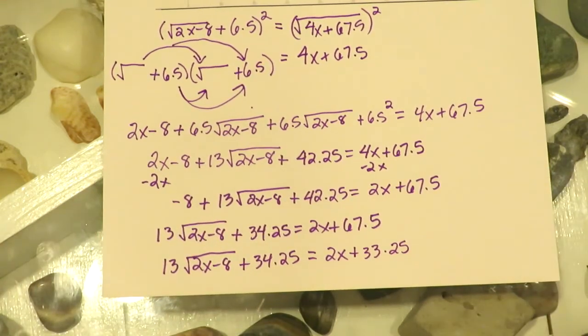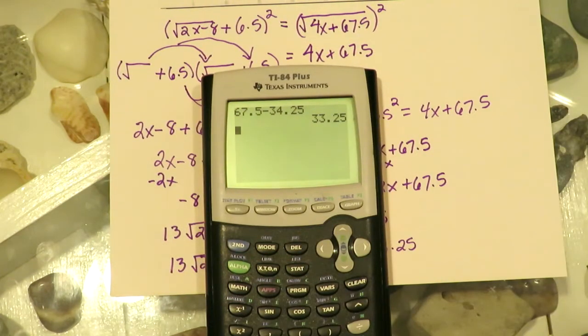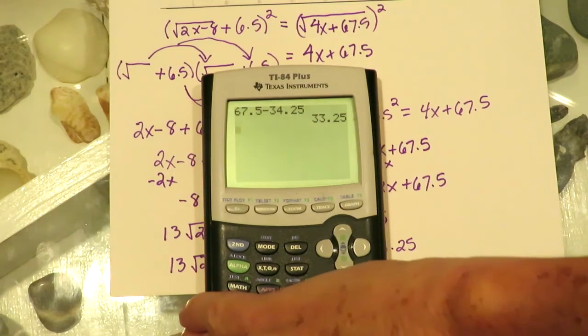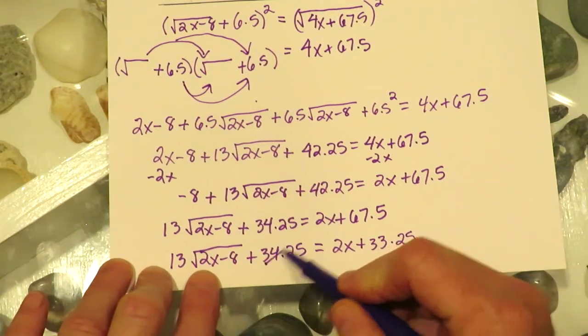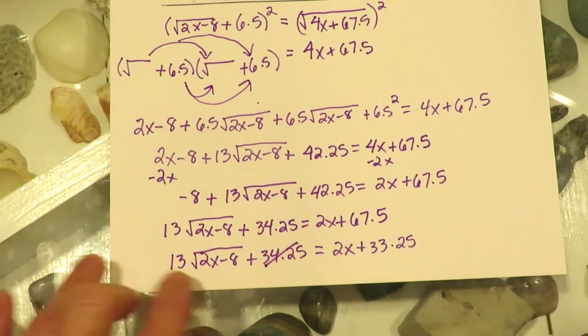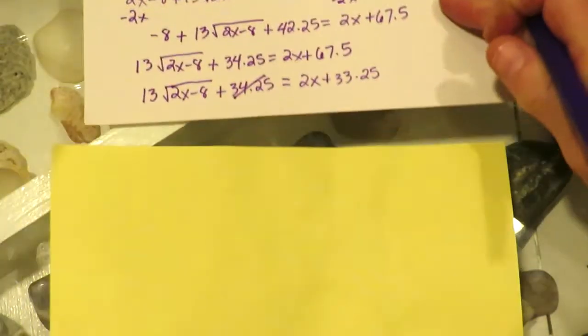Okay, so again, where that 33.25 came from is I subtracted the 34.25 from both sides. And here we go, that's going to be gone. And now we have this. And if we get a second piece of paper to keep going here.